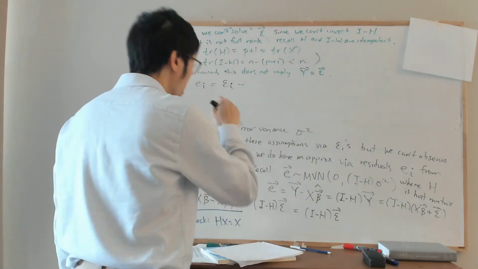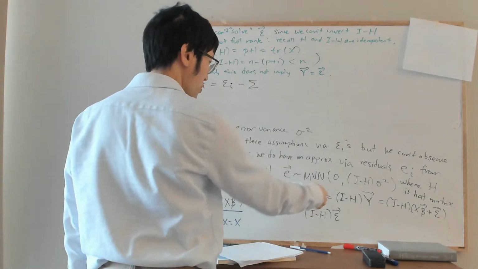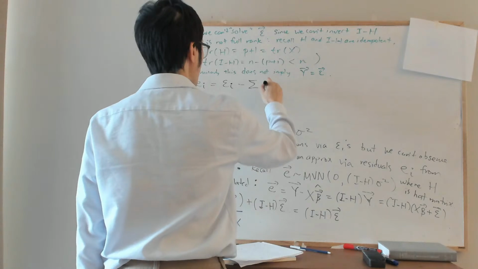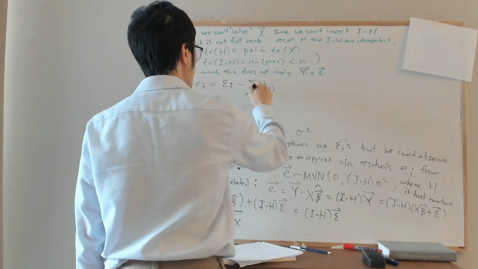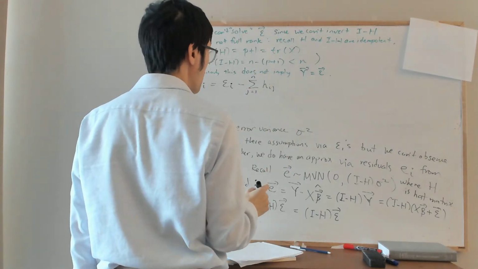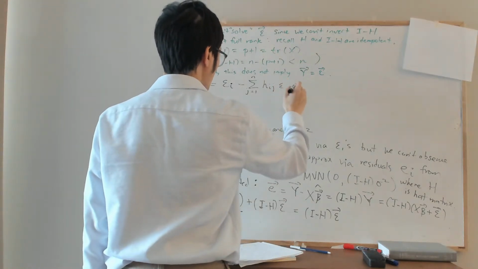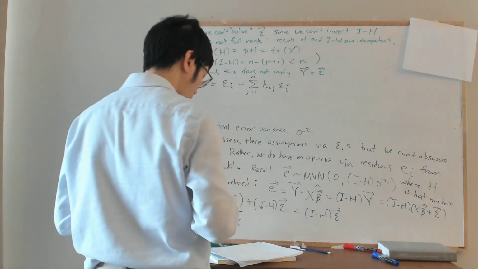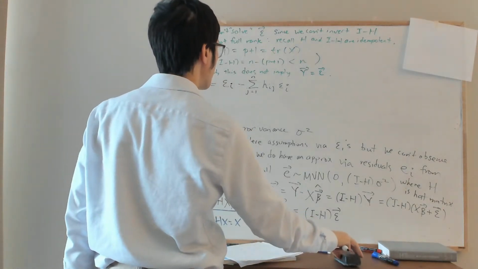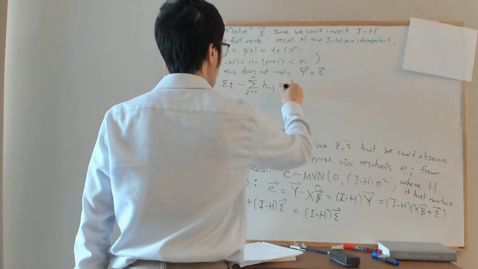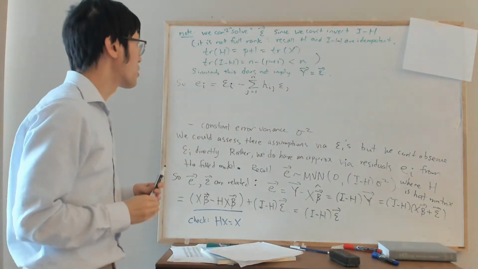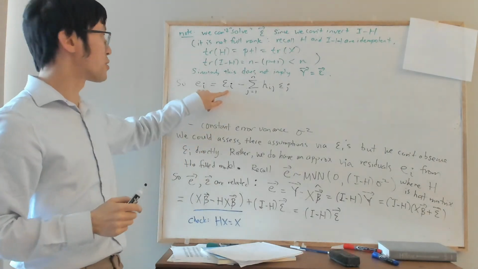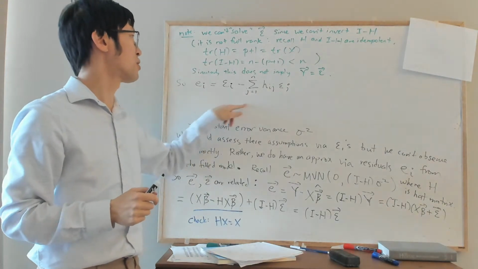That means I sum over the matrix multiplication: the entries of the hat matrix h i j summed over epsilon j. So you notice the residual is equal to epsilon i minus some stuff.